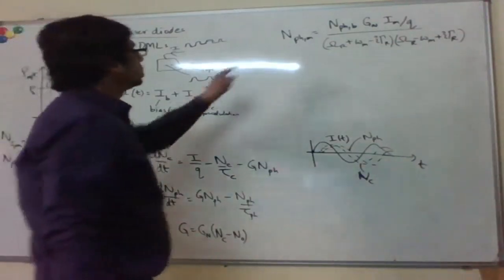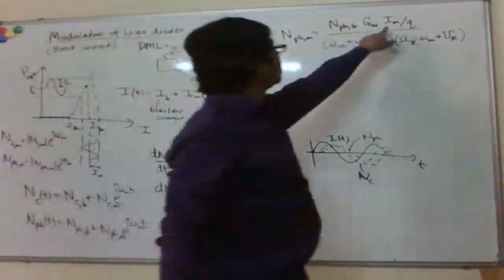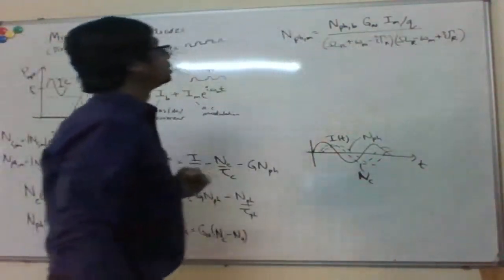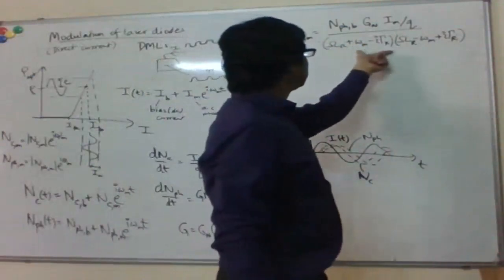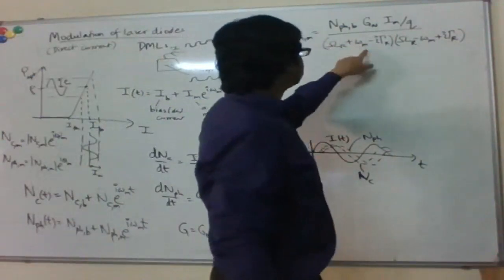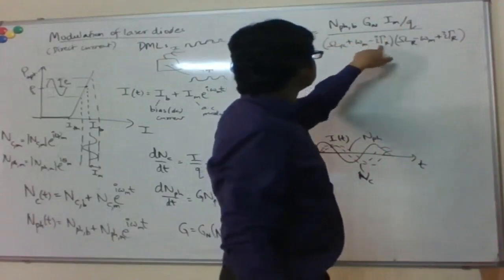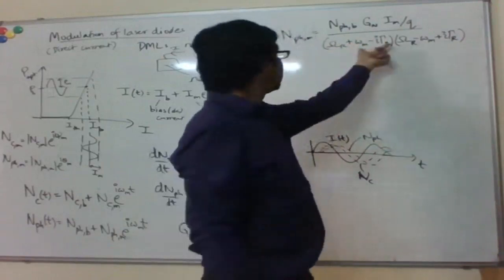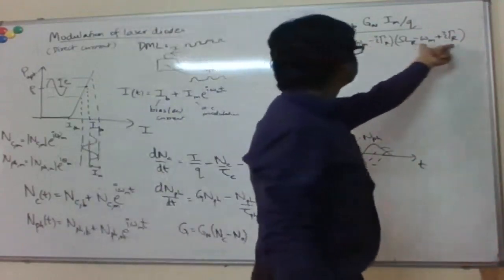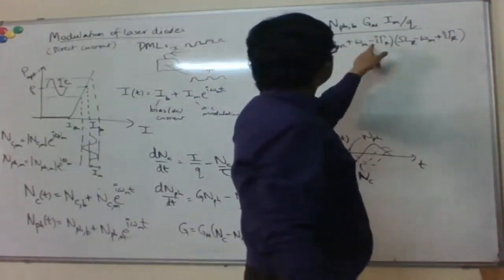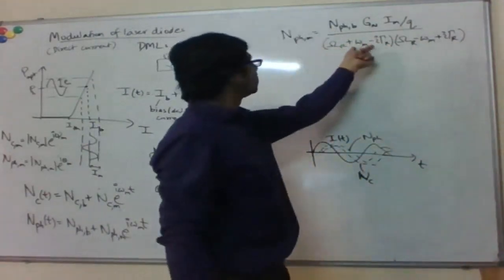And of course, you can see that the AC term depends on the amplitude of the AC current here, and then you have a term in the denominator. For the LED, we had a term just like omega plus i gamma in the denominator. But here it's a little bit more complicated. We have two terms, and we also have this additional omega R here with omega.